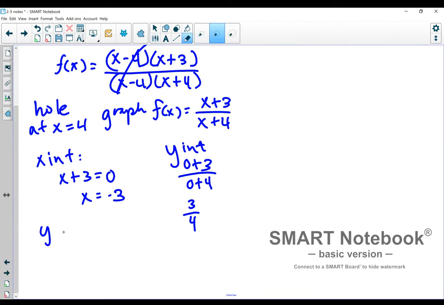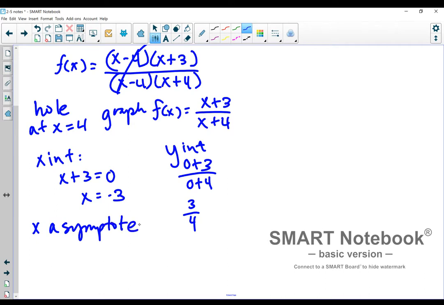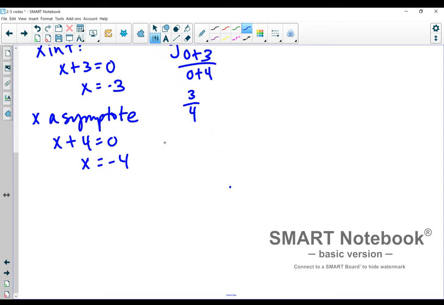I want to do asymptotes now. So my vertical asymptotes come from my denominator. If x plus 4 equals 0, I will have a vertical asymptote at -4. And then our horizontal asymptote.